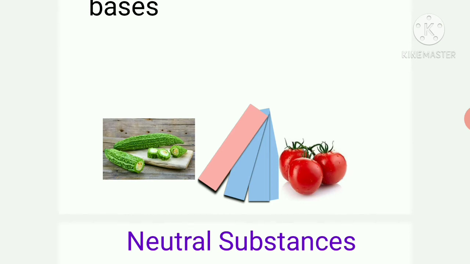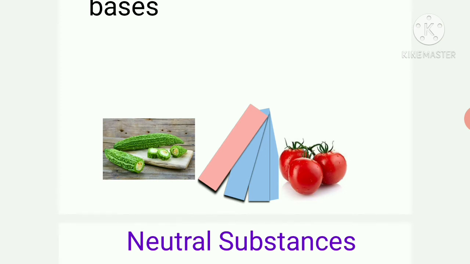Take one blue litmus paper and put it into the tomato juice. Observe the blue litmus paper. The blue litmus paper converts to red litmus paper. So it is called acid.